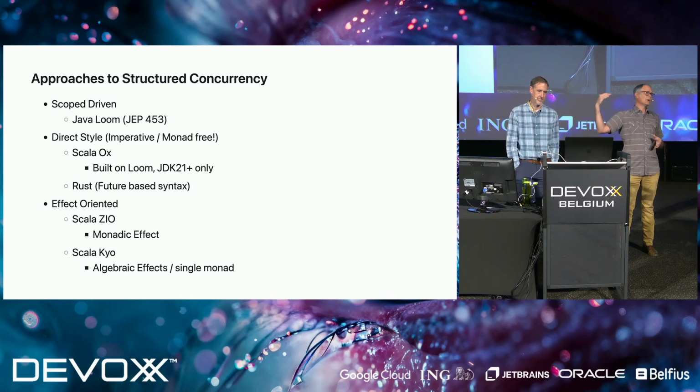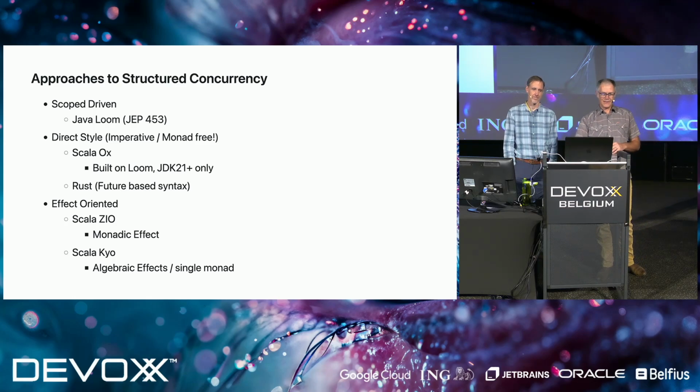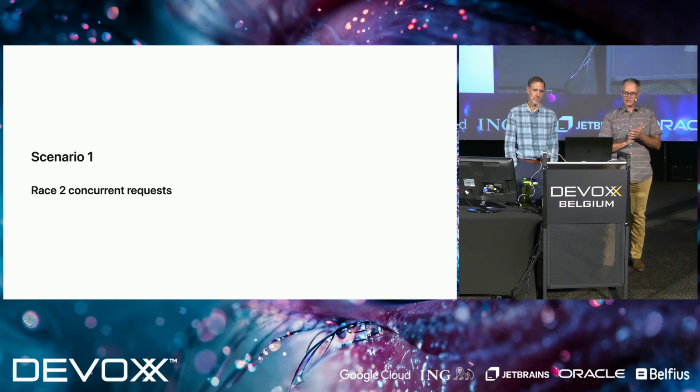There's the monadic approach that Scala ZIO does, and then there's something called algebraic effects, and algebraic effects are what languages like Unison, Roc, and OCaml are doing for their way to do effect-oriented programming and structured concurrency. So some interesting stuff there. We won't go into that today, but you can go explore these all in the Easy Racer repo and see how they compare in actual code across the obstacle courses.